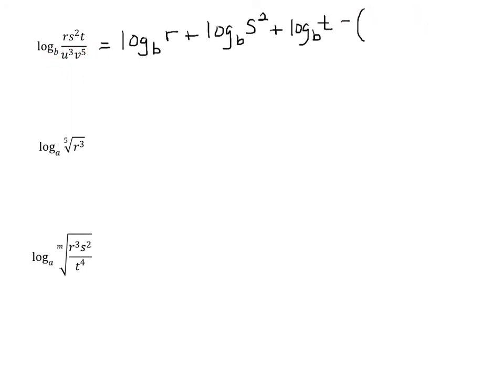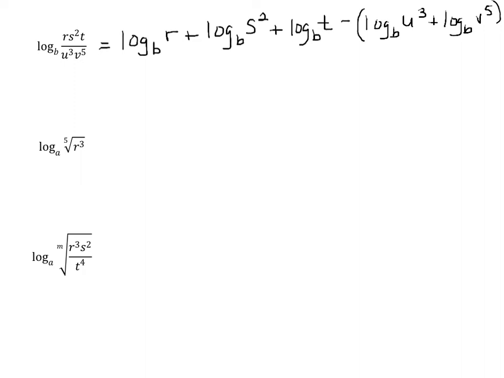When I distribute this negative, it will all end up being negative. So I have log base b of u cubed and log base b of v to the fifth. So now I've dealt with my product property and my quotient property.